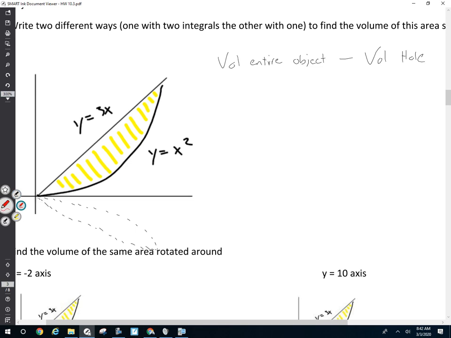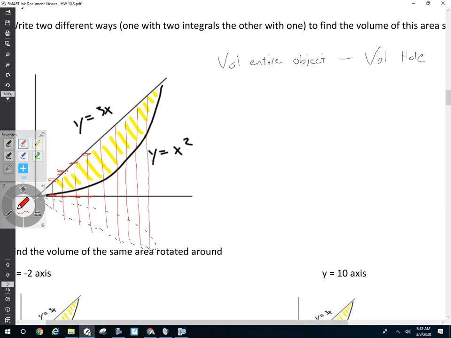Okay? So what I like to do is bring out two sets of cylinders. I got my red ones, which will represent the entire object. So it's getting everything, including this negative space, if I add up all of these cylinders and their volumes. Here are the radiuses. It's going to be that 3x as the radius.